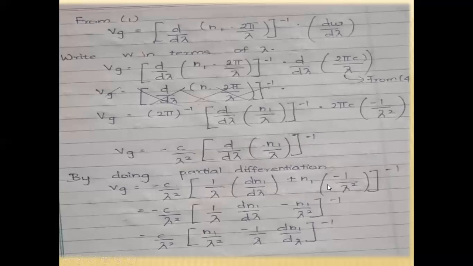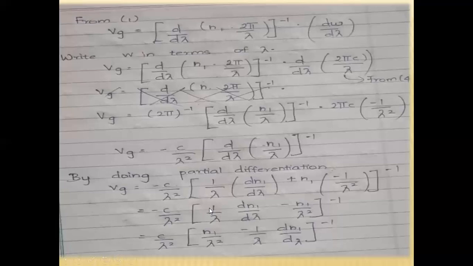Now here we have the negative sign, so I'm substituting here minus 1/λ dn1/dλ. This minus can be written here as n1 divided by λ², the whole inverse, right? Now taking the minus outside, already here we have a minus, so taking the minus outside we have to rearrange. This term will become positive and this term will become negative.